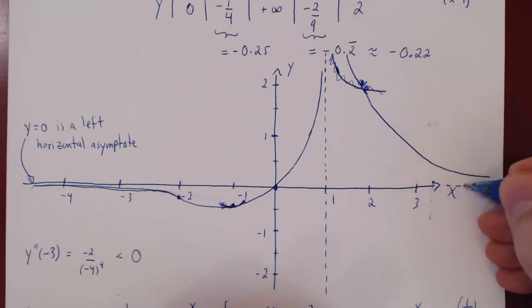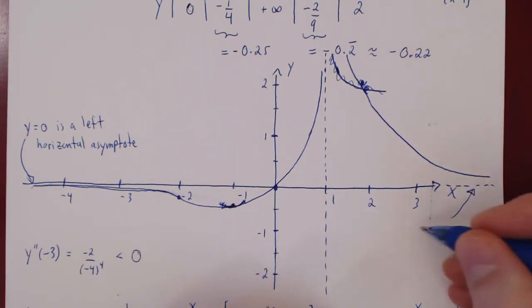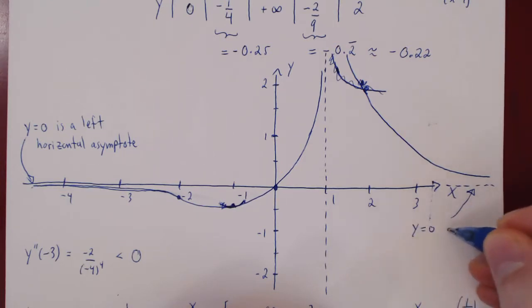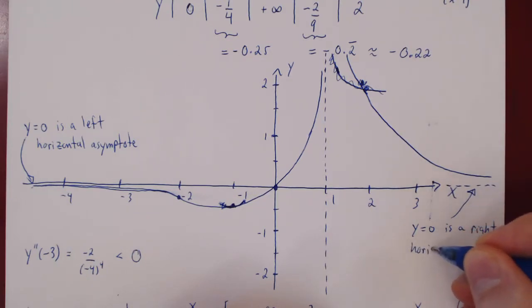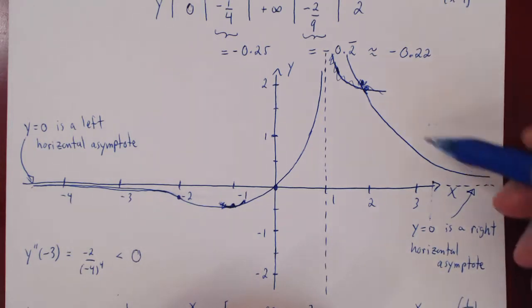So let's specify that y equals 0 is also a right horizontal asymptote. What else do we have as a key feature of this graph?